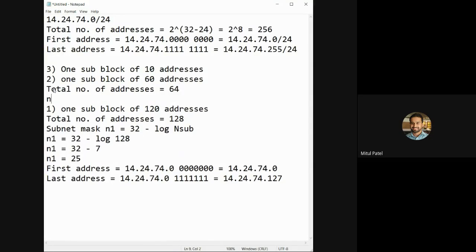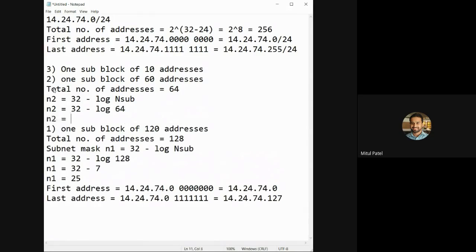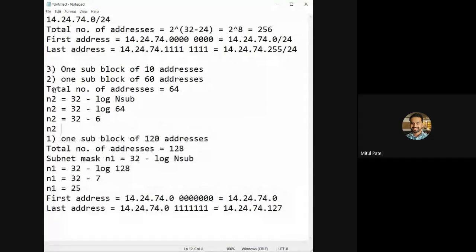The subnet mask n2 will be 32 minus log 64 base 2, that is 32 minus log 2 raised to 6 base 2. So the value is 6, and n2 value is 26.